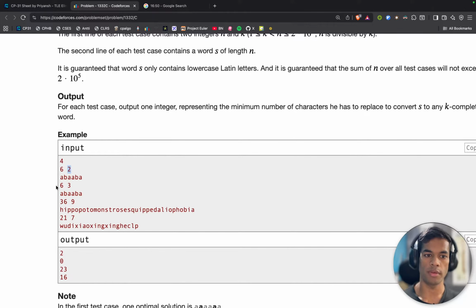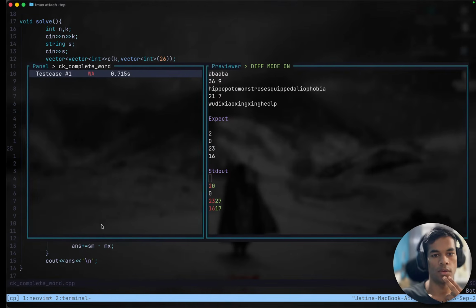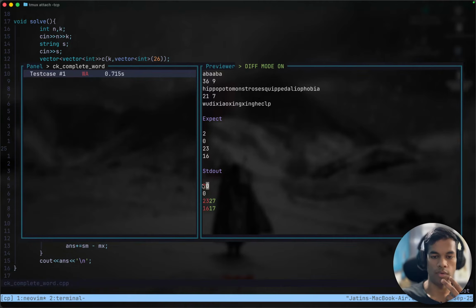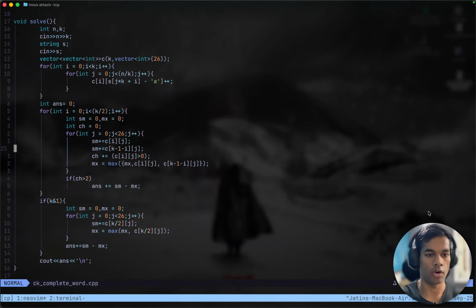Why? Because here the period is 2. So AB, we compared AB, A, and B. So we have to change this B and this A. Why do I say no? We don't have to change anything. That is a horrible thing to say.